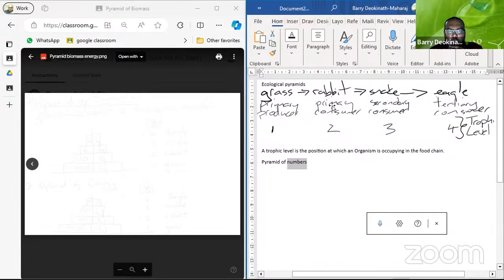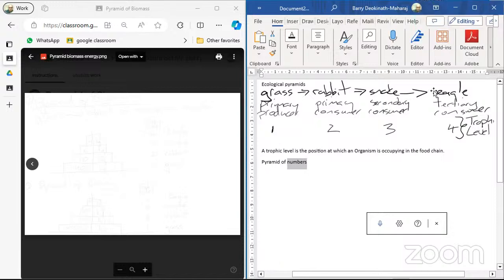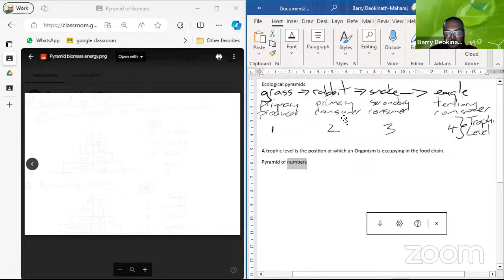Jaden or Eden, what kind of numbers could we gather for a food chain like this? So what do you mean by that? Okay, so if we know that in a habitat or ecosystem the rabbit eats the grass, the snake eats the rabbit, the eagle eats the snake, is it going to be one rabbit in that habitat?